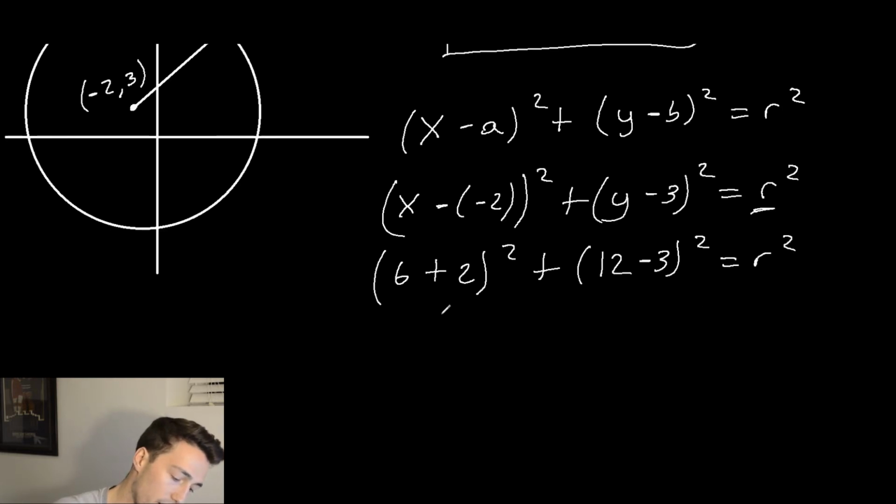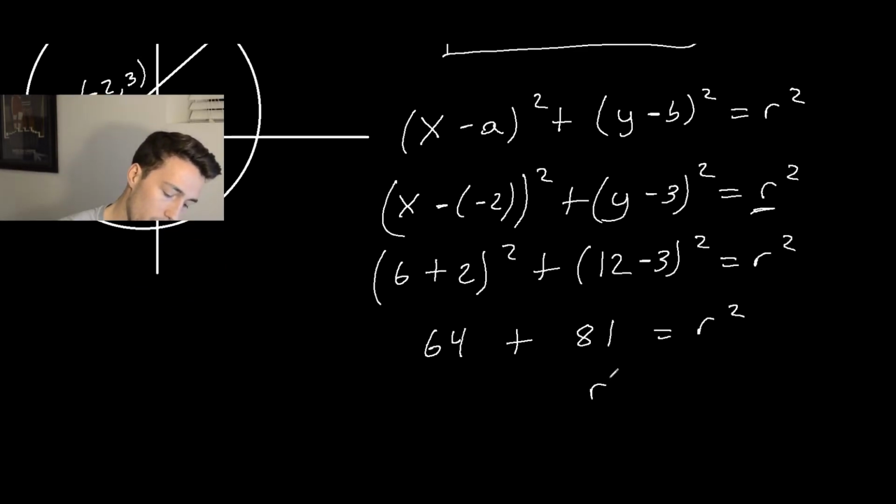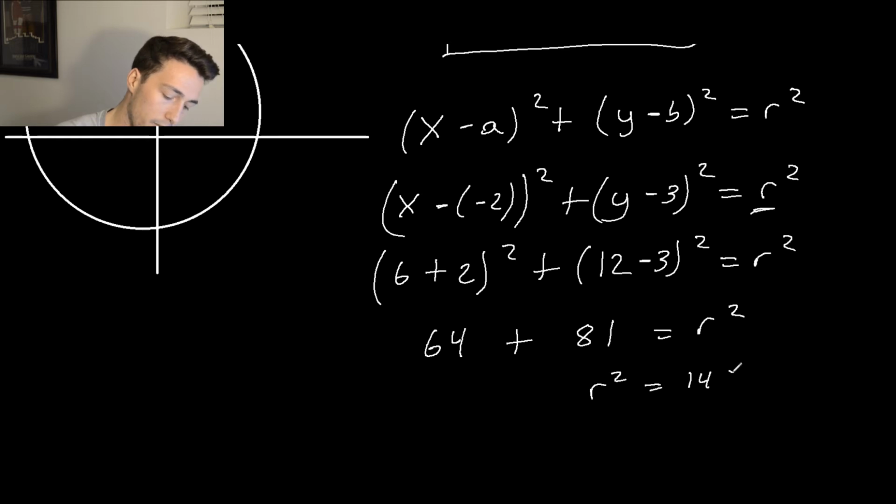If we do that, we get 8. 8² is 64. And then 12 minus 3 is 9, and that squared is 81. That's going to equal our r². So 81 plus 64 is 145. So r² is equal to 145, and we can write that as the radius is the square root of 145.